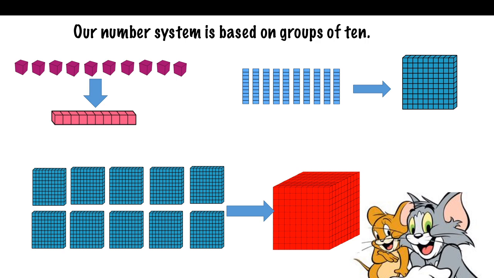We know that our number system is based on groups of 10. The single unit ones, if they make a group of 10, will look like this. One rod of 10, one group of 10.